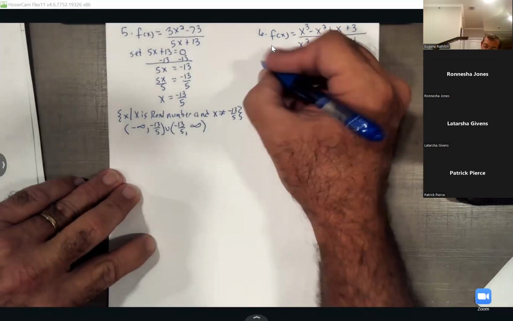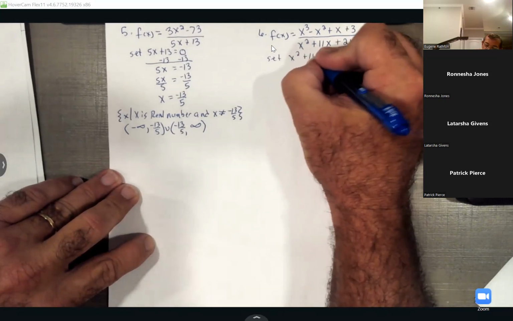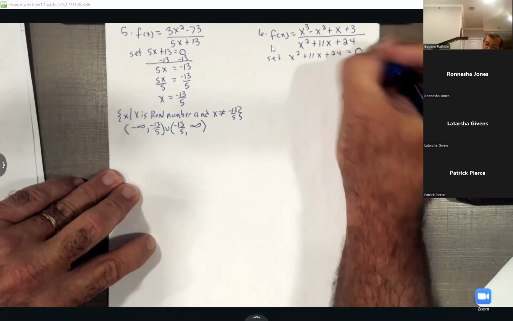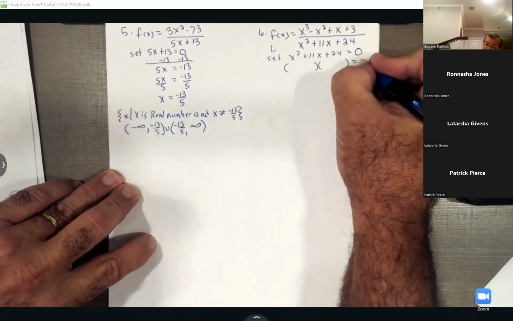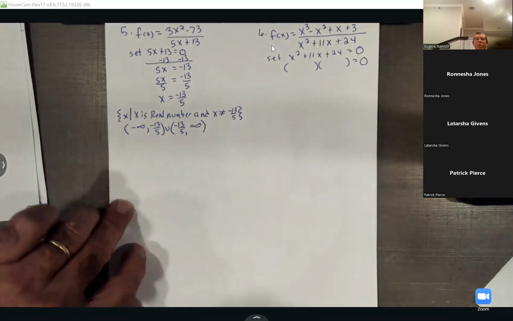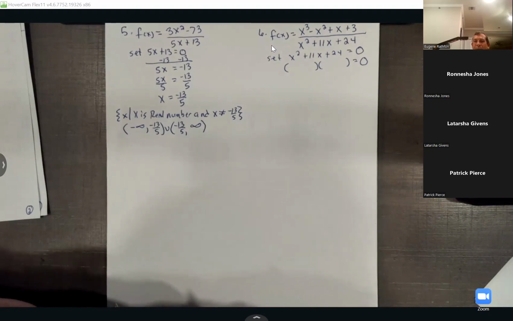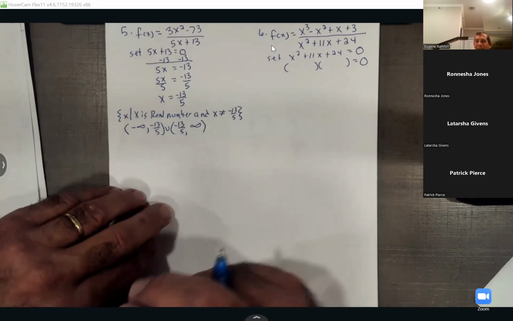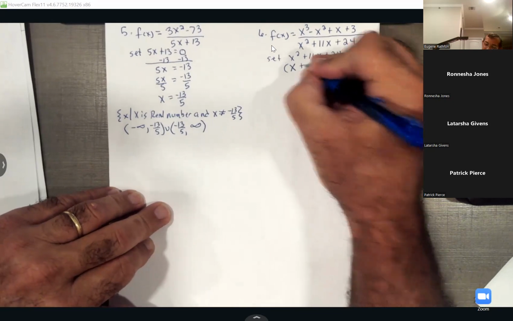So y'all, I'll let y'all figure out my factors because I'm about to set the x squared plus 11x plus 24 equal to 0. All right, y'all, so what's going in those parentheses? What kind of signs y'all putting on them? Be positive. So they're both going to be positive.